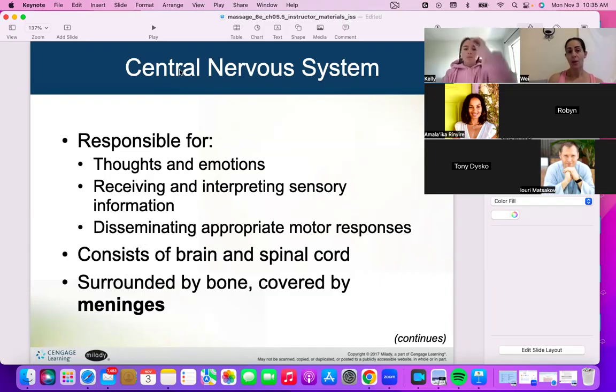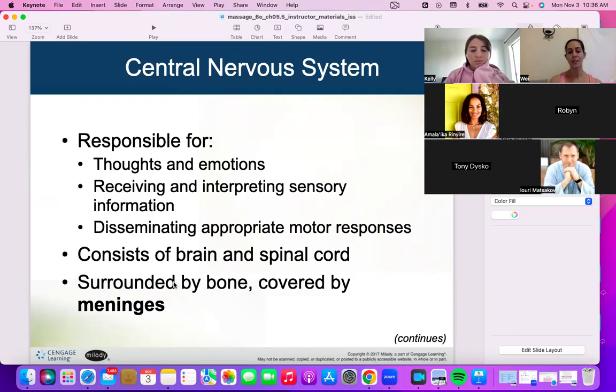Now the CNS, central nervous system, we're going to refer to it as the CNS throughout, consists again of the brain itself inside the skull, not the skull, what's inside the skull, the 2 hemispheres and everything around it in the back too, and the spinal cord itself.